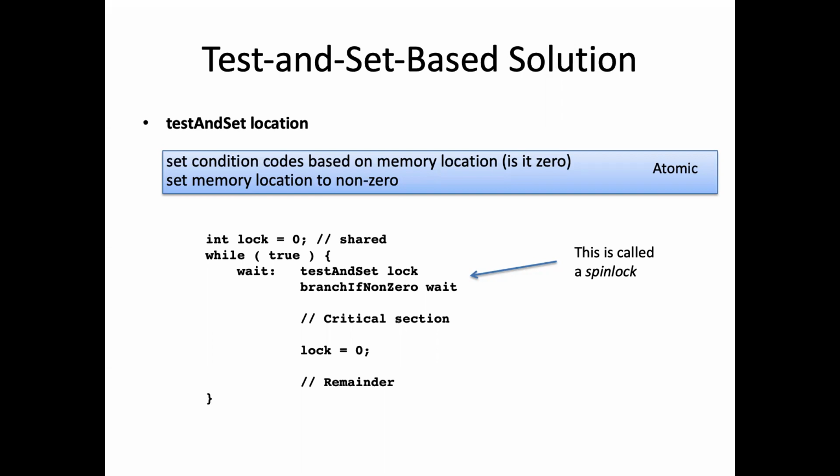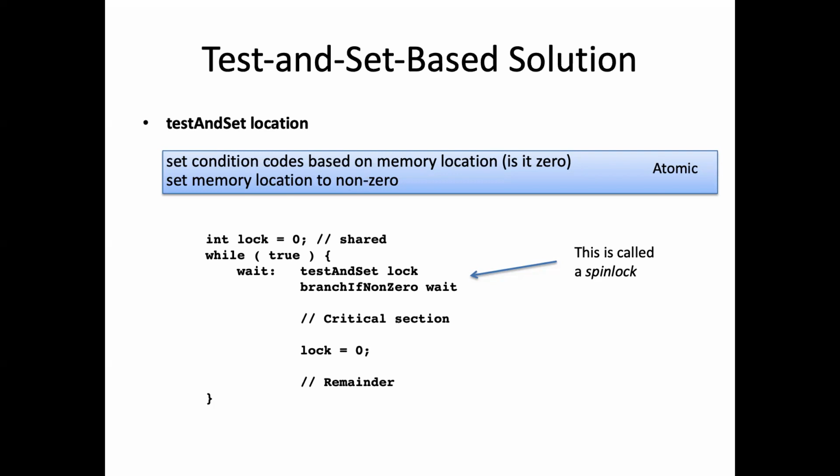After you do a test instruction, they let you do a branch or a conditional jump based on how that test went. And that's the same thing I'm talking about here. This will set a condition code. It'll look at a memory location, and then it'll remember whether it's 0 or not by setting one of these condition codes. But at the same time, atomically, it will set that location to non-zero.